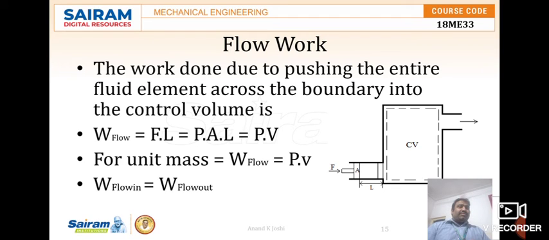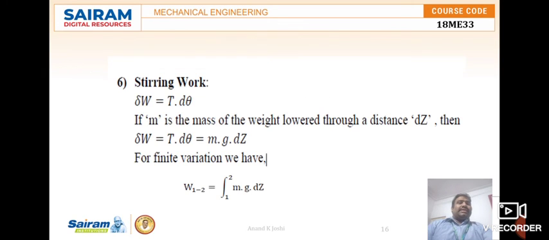For unit mass, flow work is P into V. We can also write it as force into length, where force is pressure into area, and area into length is volume. So the flow work can be written as P into V.